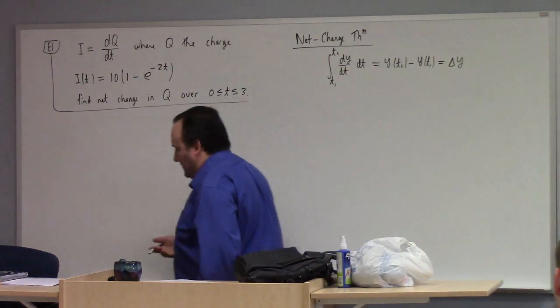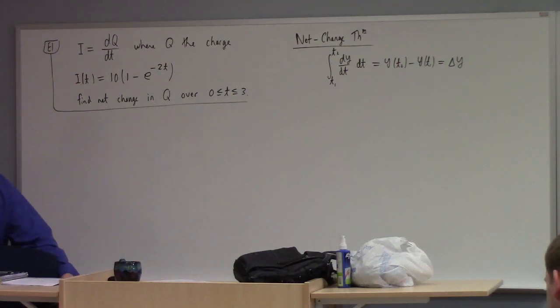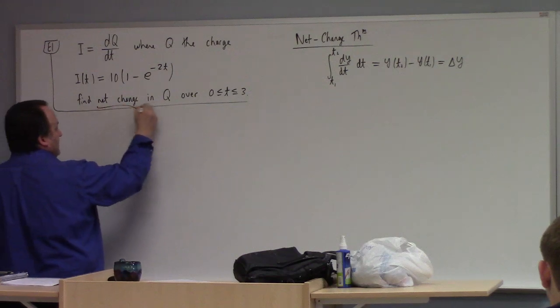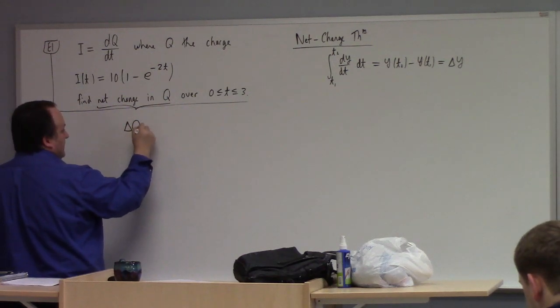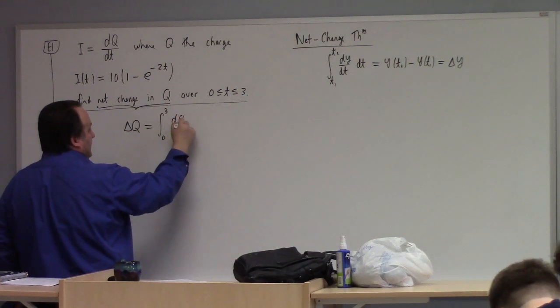So if you want the net change, integrate the infinitesimal change over the time period you're interested in. To get the net change in the charge, I simply integrate from time 0 to time 3 dq/dt.